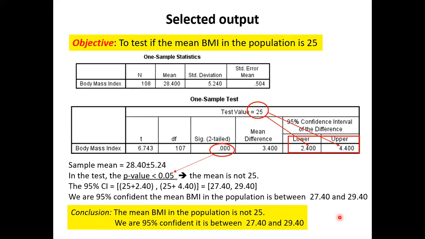We've done 2 examples. The first one, the mean 25, p-value less than 0.05. Then where is it? Add these two. We are confident 95% it is between this. See, 25 falls outside.